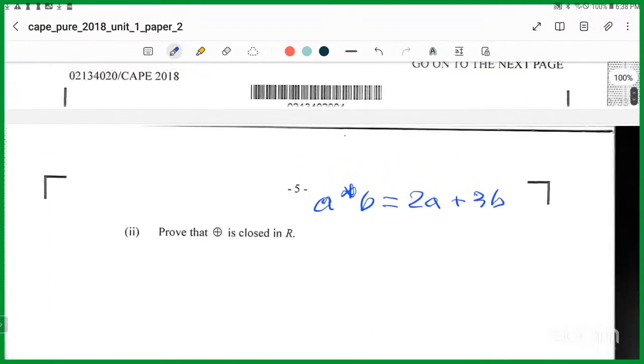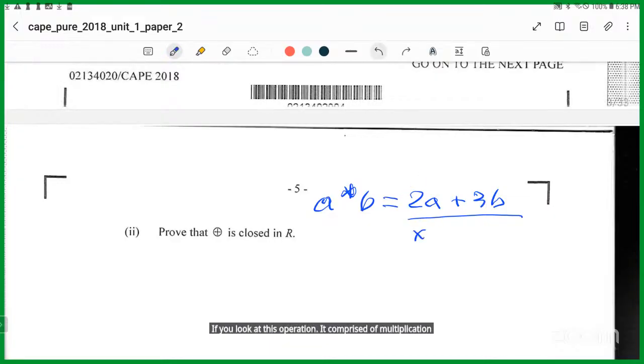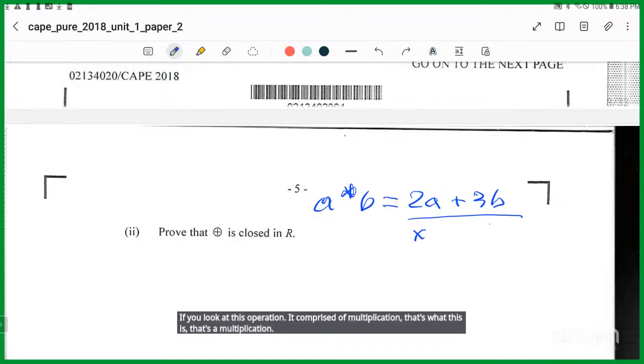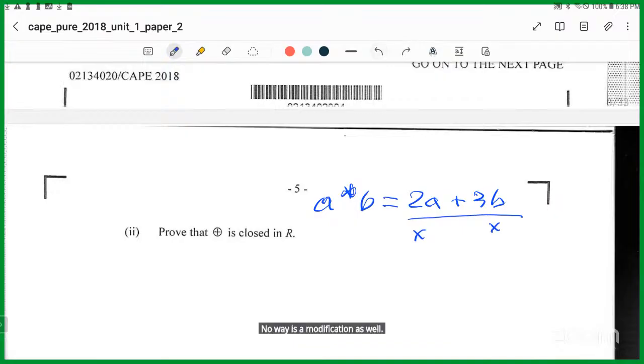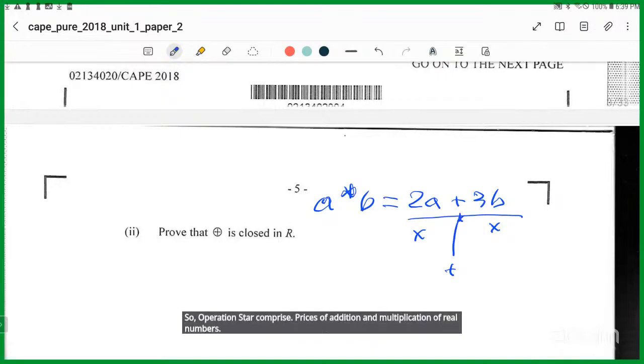If you look at this operation closely, it comprises of multiplication. That's a multiplication, and over here is a multiplication as well, and this is an addition. So operation star comprises of addition and multiplication of real numbers.